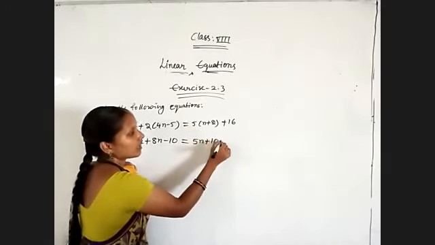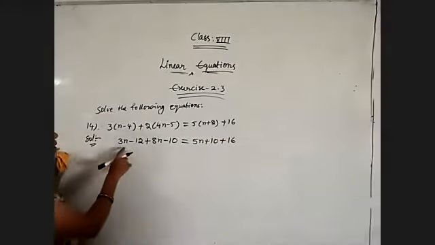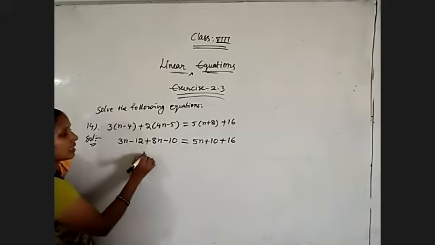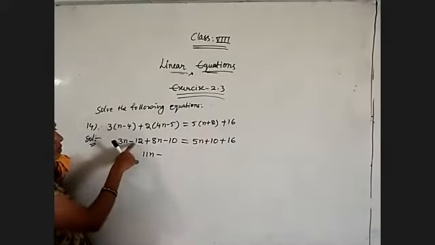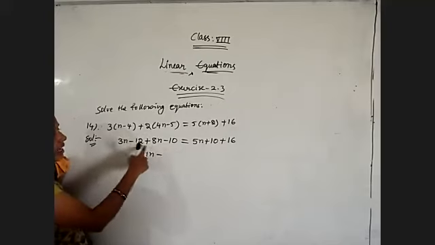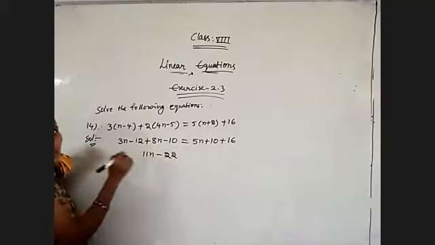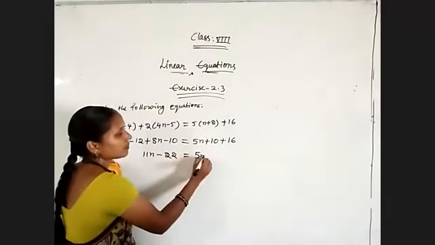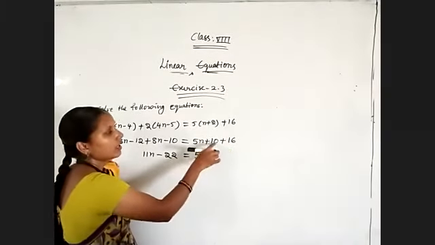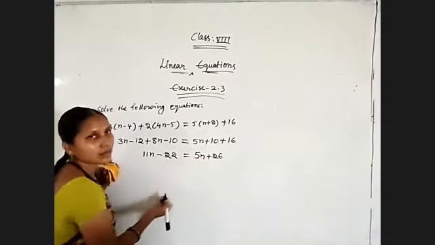are 10 plus 16. Now 3n plus 8n, 11n. Minus, so both are negative values here. Addition, 12 plus 10 is equal to 22. So both are having minus, so minus 22 is equal to 5n. Both are having positive sign, 10 plus 16, 26.